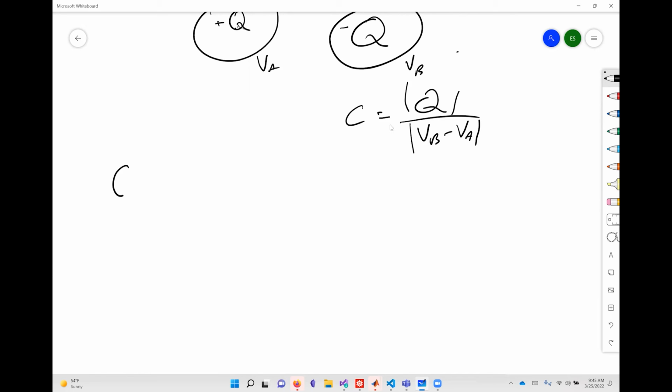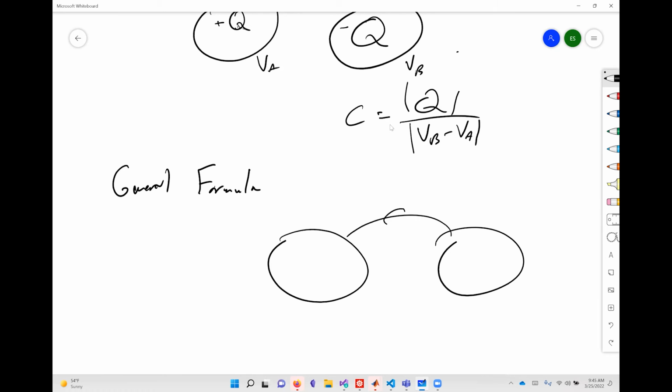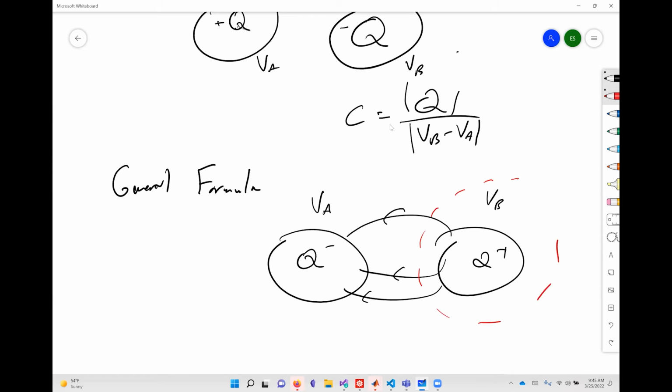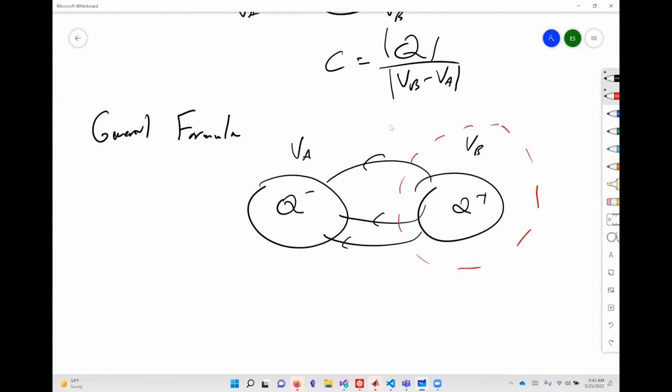So the general formula for capacitance is as follows. I have two objects, I have a field between them, I have a voltage difference between them, VB minus VA, and I have Q plus, Q minus. I can get the charge by using Gauss's law. This is my surface.